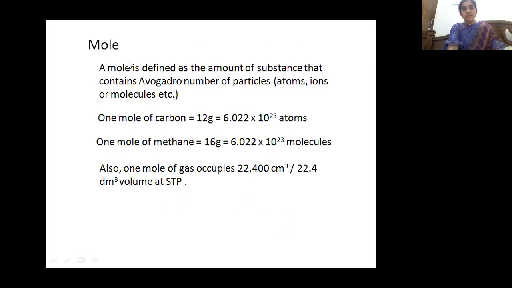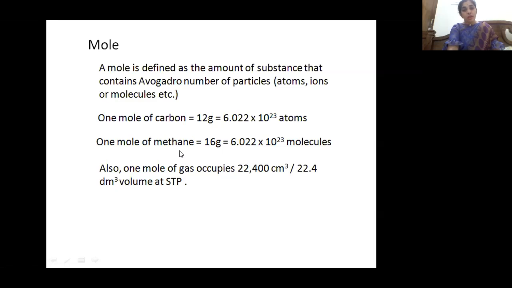So, in turn, mole is defined as the amount of substance that contains Avogadro number of particles, or Avogadro number of atoms or ions or molecules, etc. So, 1 mole of carbon means it contains 12 gram, which in turn contains 6.022 into 10 to the power 23 atoms.